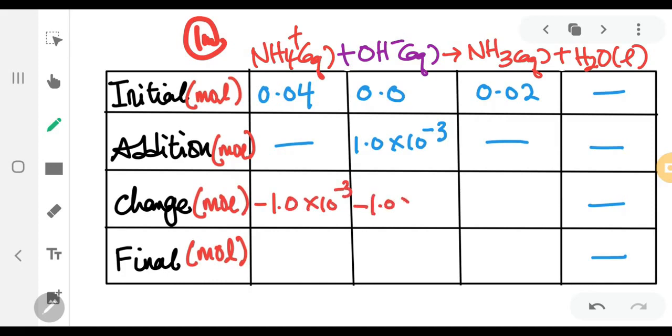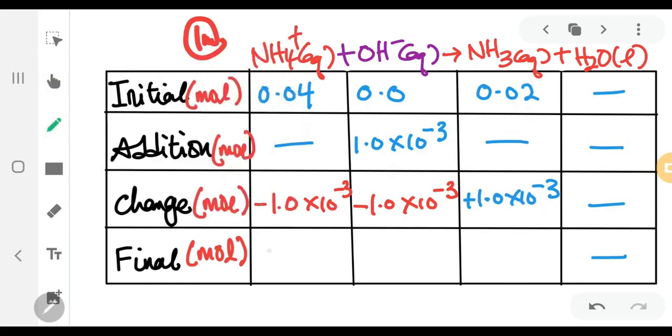Over here as well, because they are going to be reacting together to produce this much NH3. So if you see here, the change value will be following the value of addition of OH-. On the reactant side, it will be a negative change. On the product side, it will be a positive change.